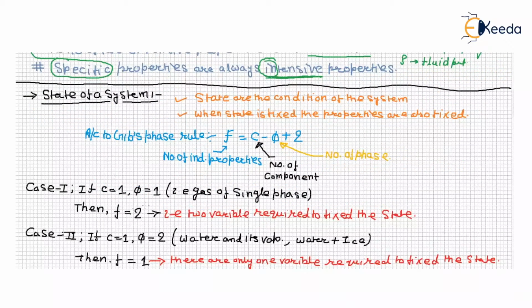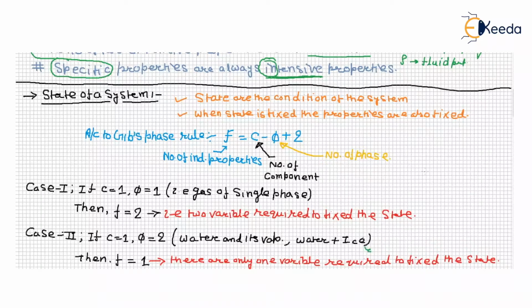We are trying to search what is the minimum property of a system by which the system will be defined. Suppose there is a system S1.